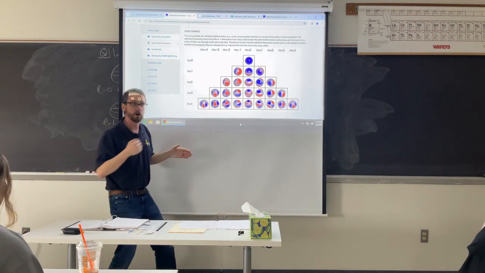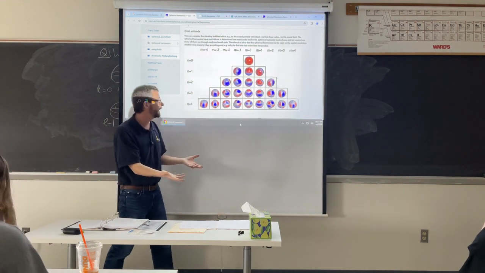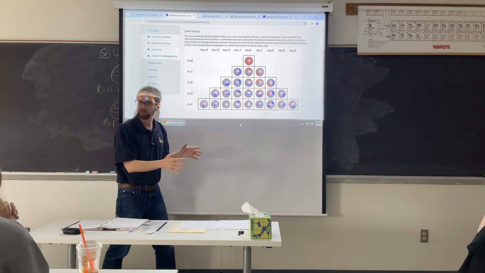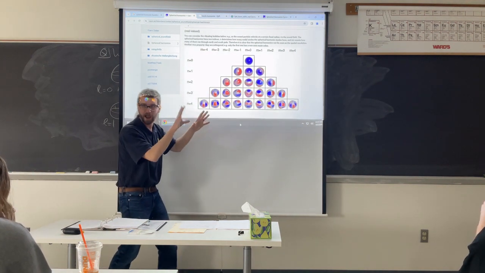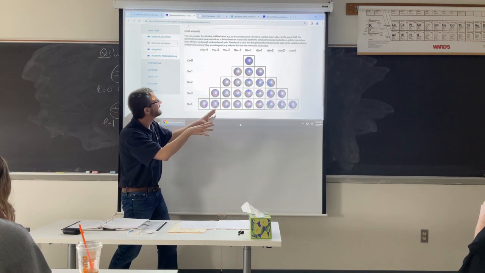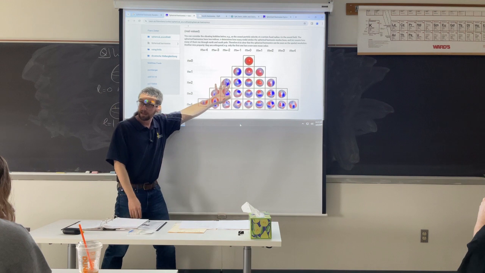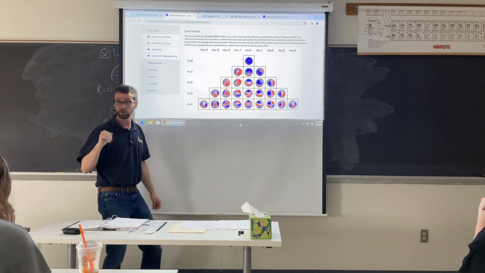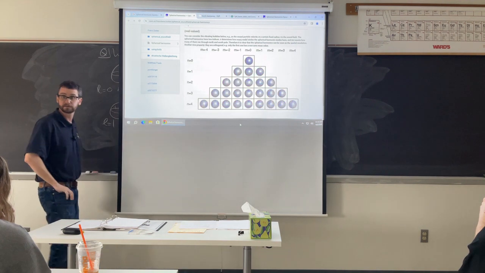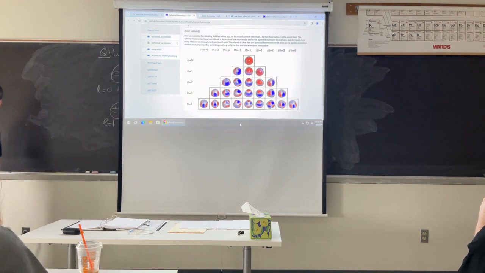We have to include R to get those cool dumbbell shapes, to get those cool butterflies. And then when we start talking about F orbitals, the butterflies on crack, you have to consider R. So that's where we're going to head next, talking about a system where we can vary that R distance. That's all I have for you guys today.